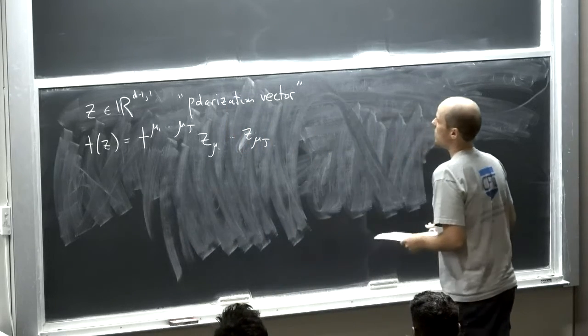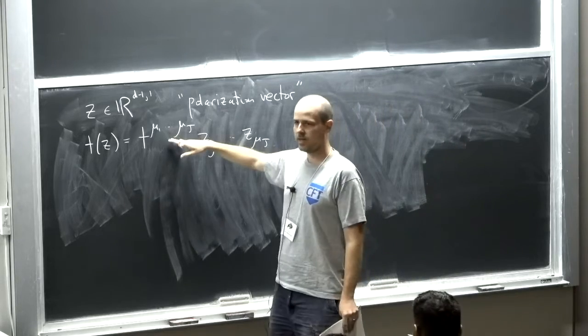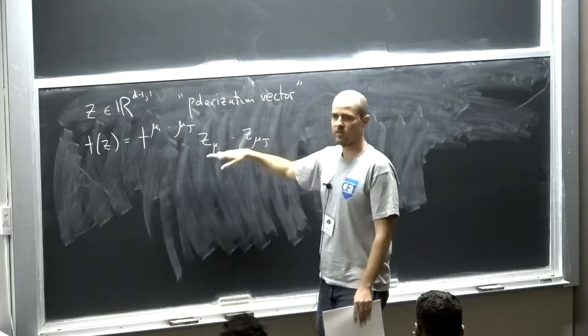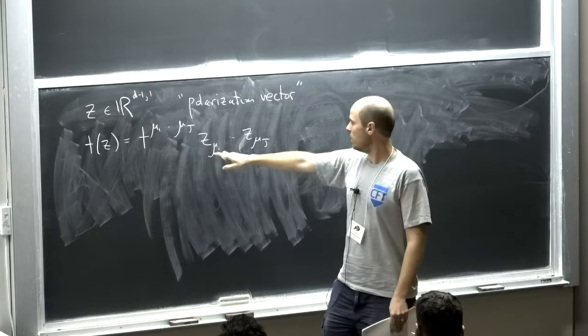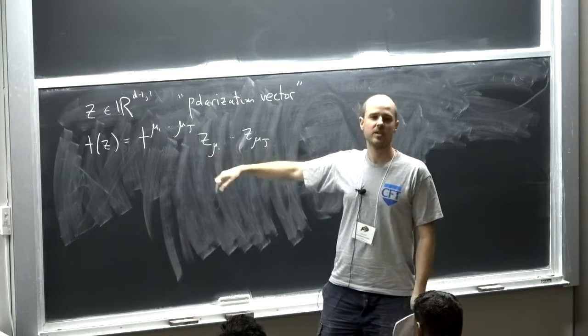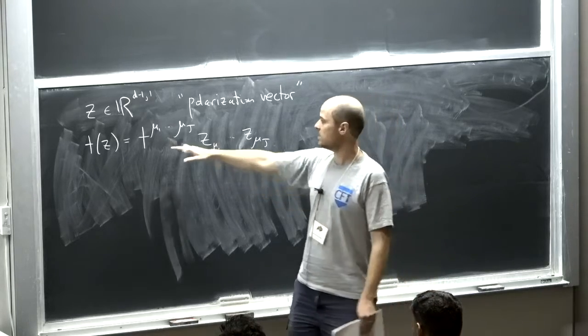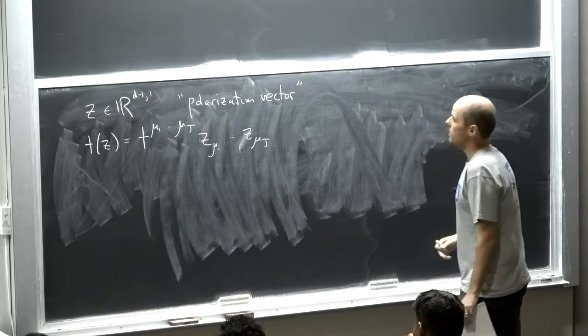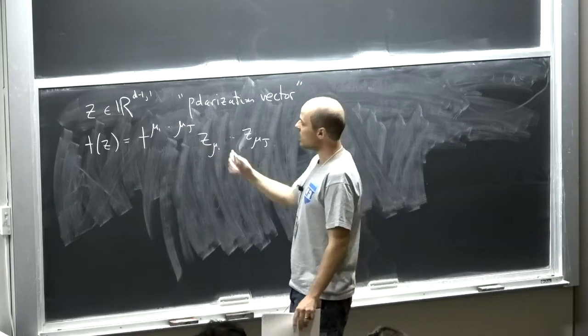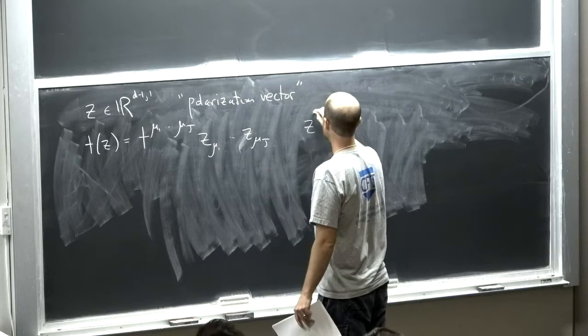So first of all, we're exploiting the fact that t is symmetric by using the same polarization vector for all of the indices. So we're contracting with the same z, but we didn't lose any information because t is symmetric. Furthermore, because t is traceless, we can impose that z is null.